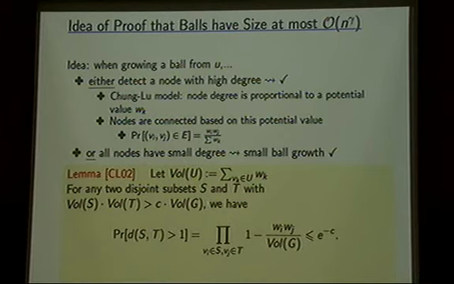Now, the lemma says the following. If we have two disjoint subsets, S and T, then if they have a large volume, the probability to have a connection between these two sets is pretty big.